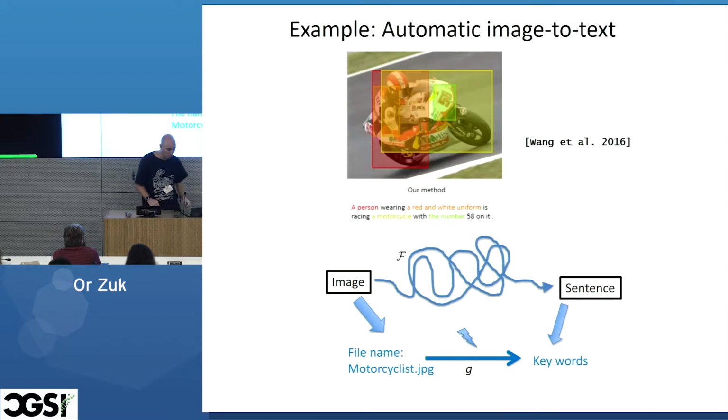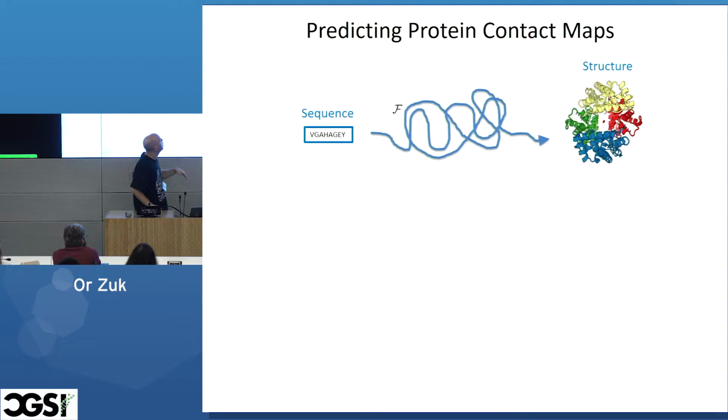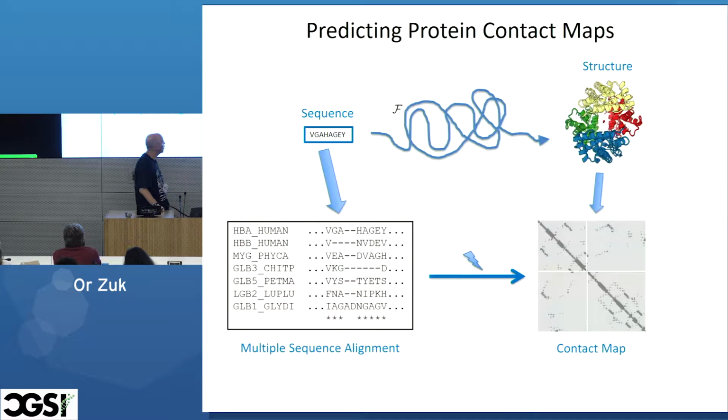All right. So by analogy, in our case, we have the sequence, and we have a fairly complicated function that maps sequence to structure. But we can now add auxiliary information, in this case, the multiple sequence alignment. So we look at homolog proteins of the query protein in different species, or it could be in the same species.